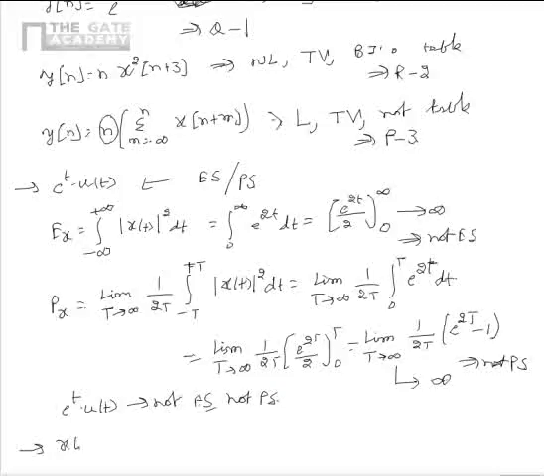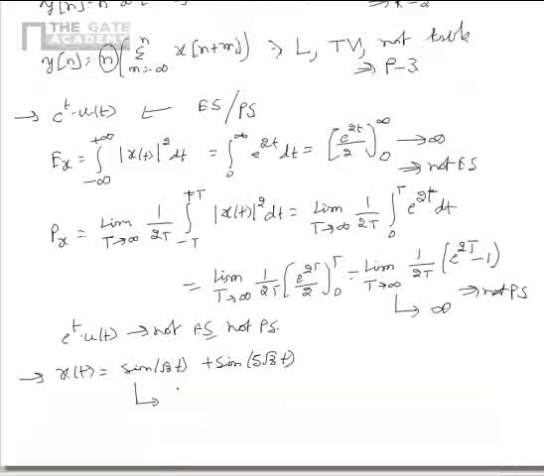Now let us consider another signal x(t) = sin(√3 t) + sin(5√3 t). We have to find if the signal x(t) is periodic. The given signal x(t) has two subsignals, of which signal 1 is at an angular frequency of √3 radians per second, and signal 2 is at an angular frequency of ω2 = 5√3 radians per second.